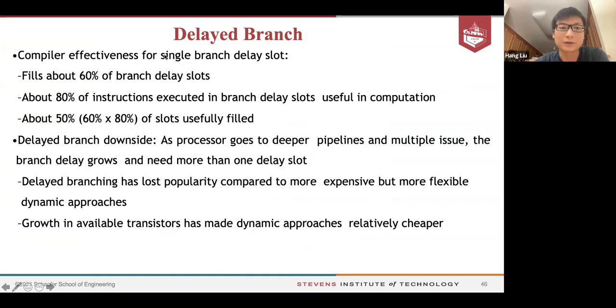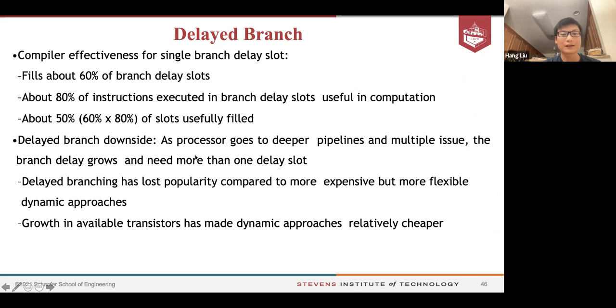Delayed branching is actually very effective for a single instruction delay. It fills about 60% of the branch delay slots. About 80% of instructions executed in the branch delay slots are useful in computation. Together that is about 50% useful, right?